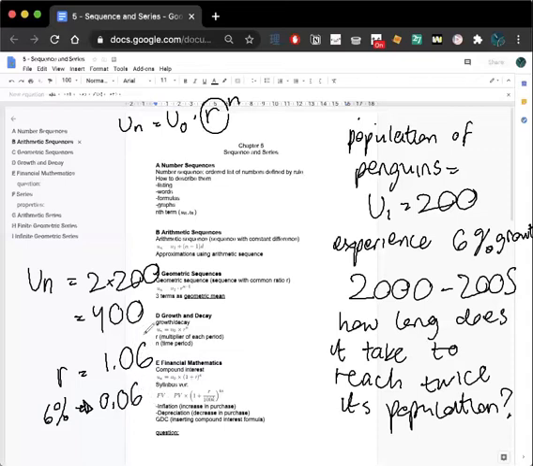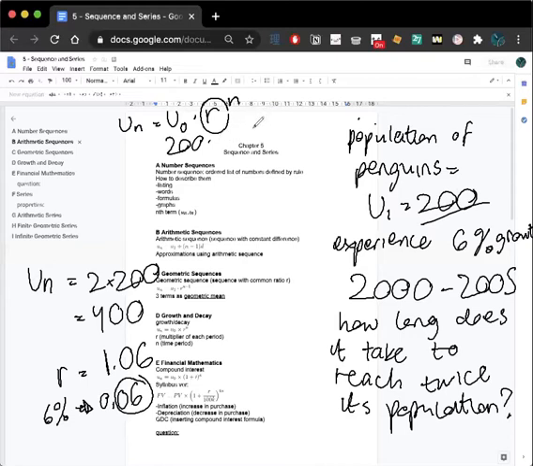But the reason why I added a 1 is because the population of penguins has a 6% growth, and if you want to only see the growth itself, like how much it increased, you would multiply the initial population by the growth, 0.06.